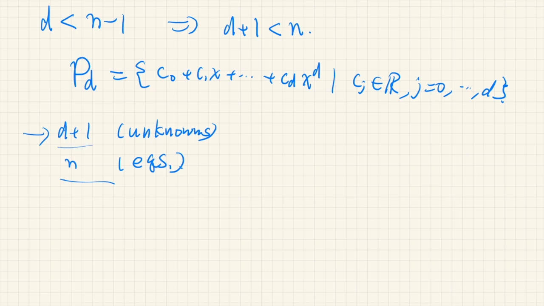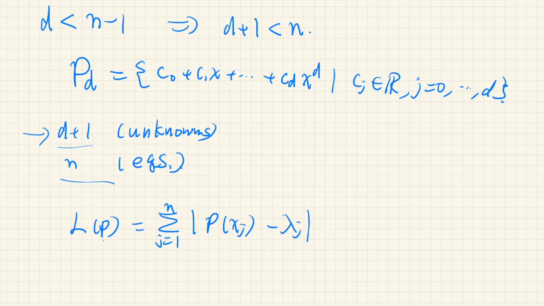So this problem is in general unsolvable. So what we do is to minimize the error function. That means we define the error function of the polynomial p as this: the sum over j from 1 to n of p of xj minus lambda j, squared.